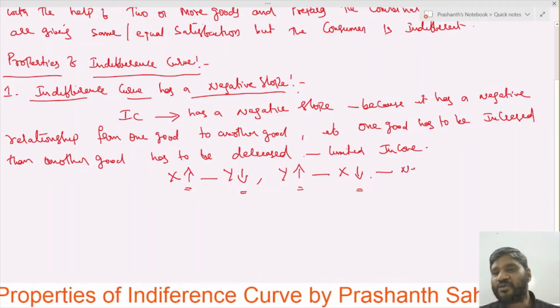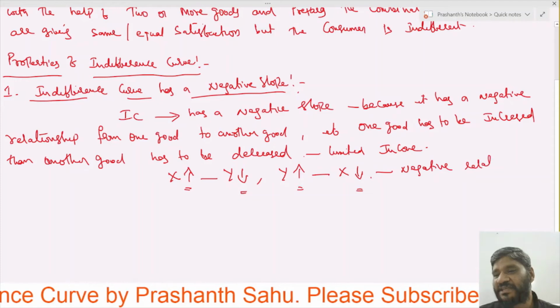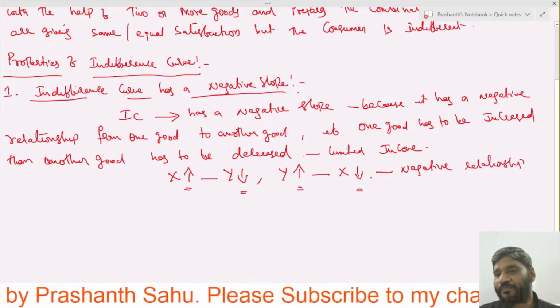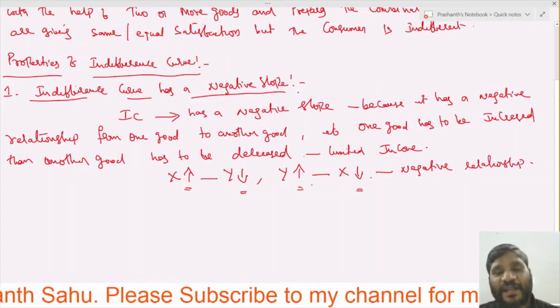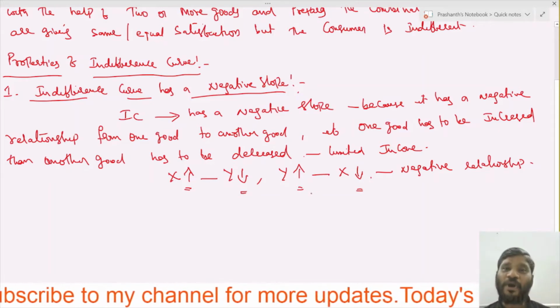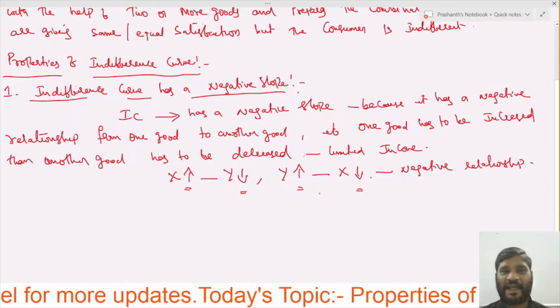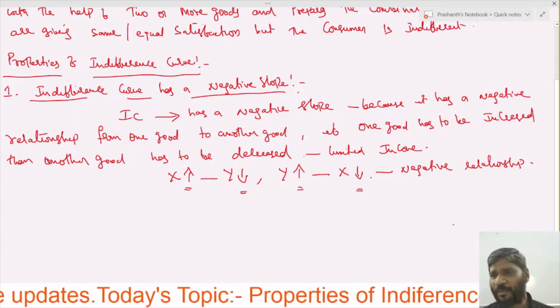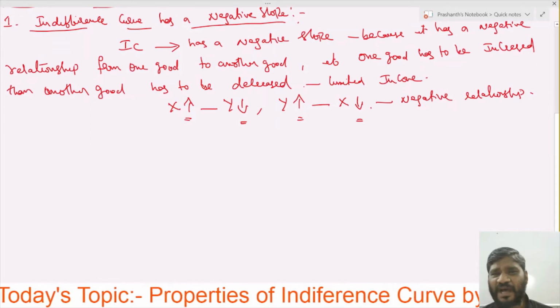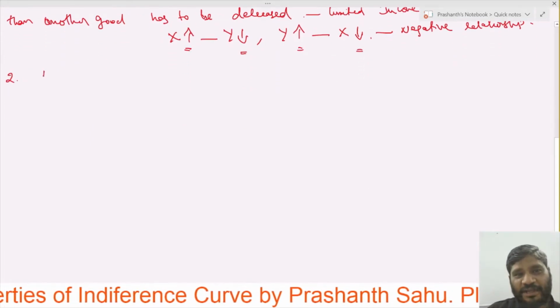That's why we used to call it a negative relationship, and it has a negative slope, which is sloping downwards from left to right. Clear? Number one.